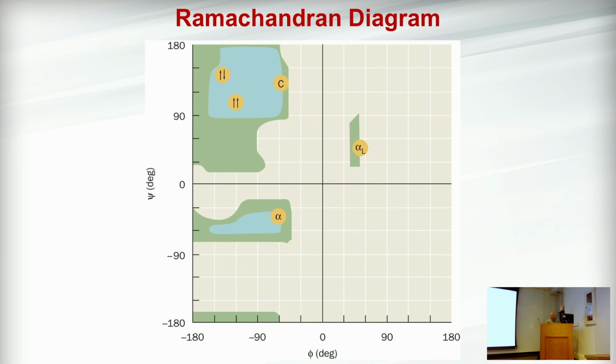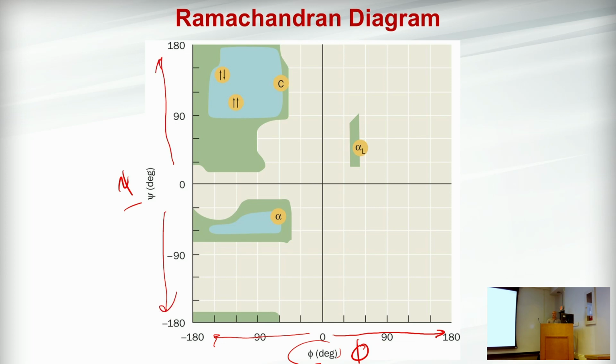So this is a plot of phi and psi. But you'll notice it goes to plus 180 and minus 180 for phi, and it goes to plus 180 and minus 180 for psi.